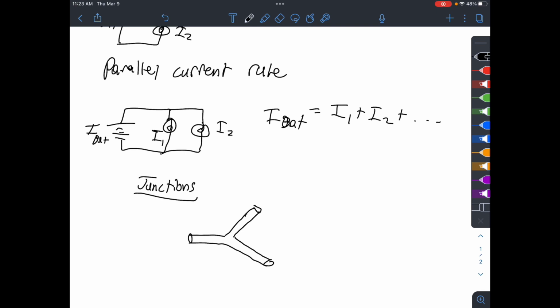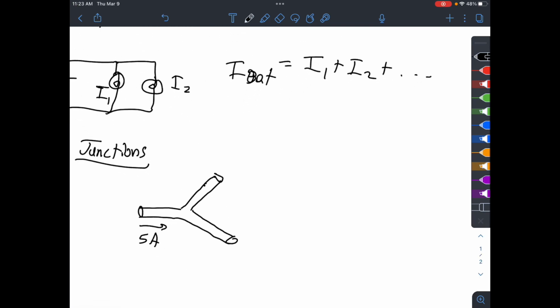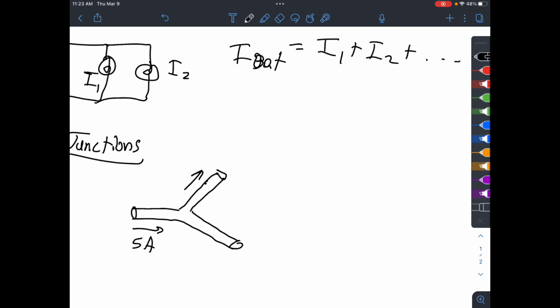So let's use some real numbers. I have a current going in of 5 amps, or 5A. I would know that I would have to have any combination to get to 5, but for example, that could be 1 amp this way and 4 amps this way. But the amount of current that goes in is the amount of current that comes out of the junction.